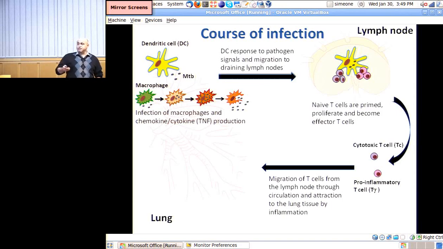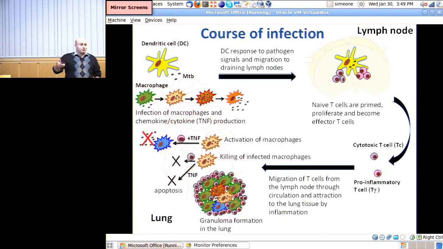It doesn't happen immediately. So in the meanwhile, the infection is going on in the lung. And what happens is all these cells co-localize and surround the core of infection that is going on for the first couple of weeks in the lung. And they form this spherical collection of immune cells called a granuloma, which is the hallmark of TB infection.